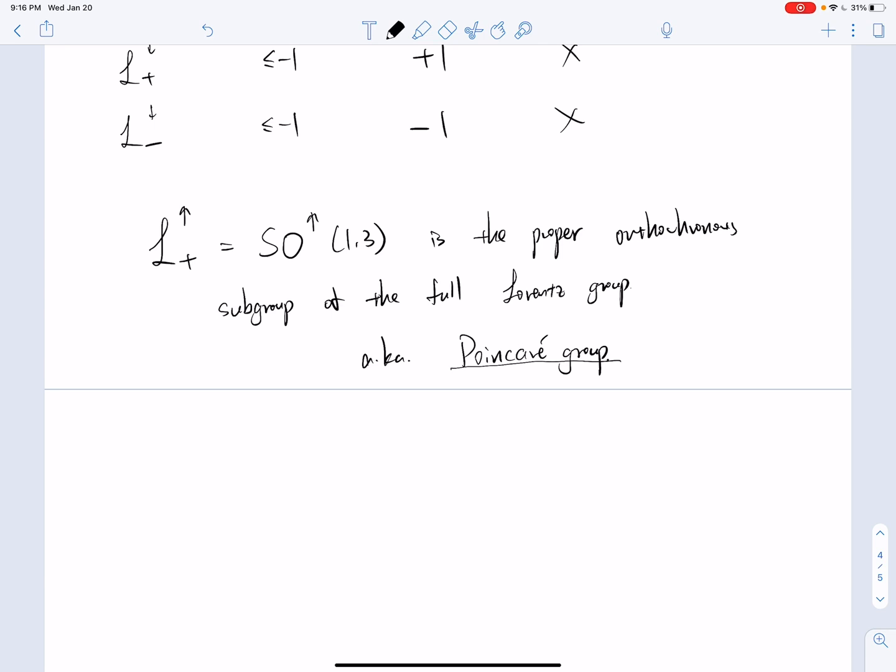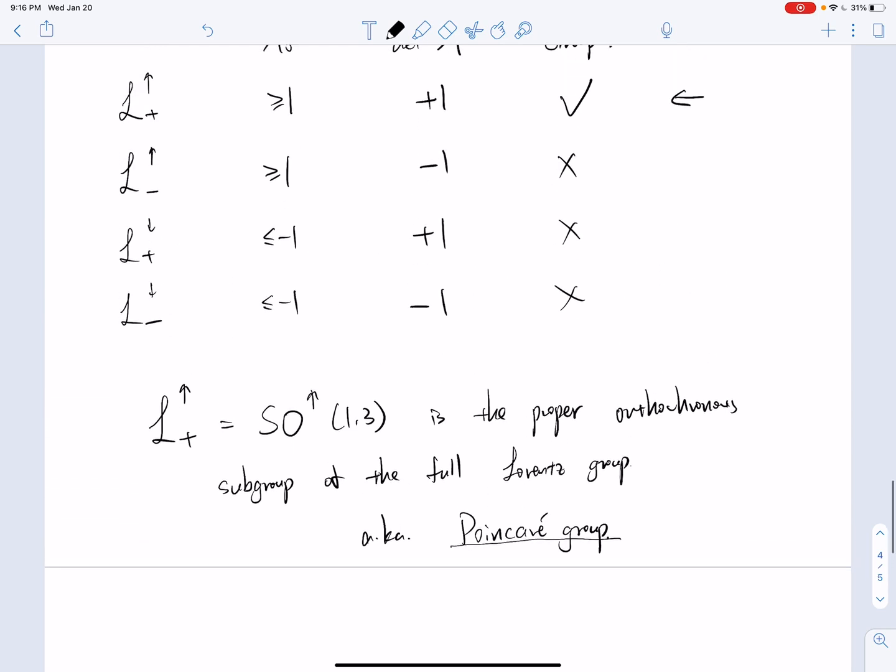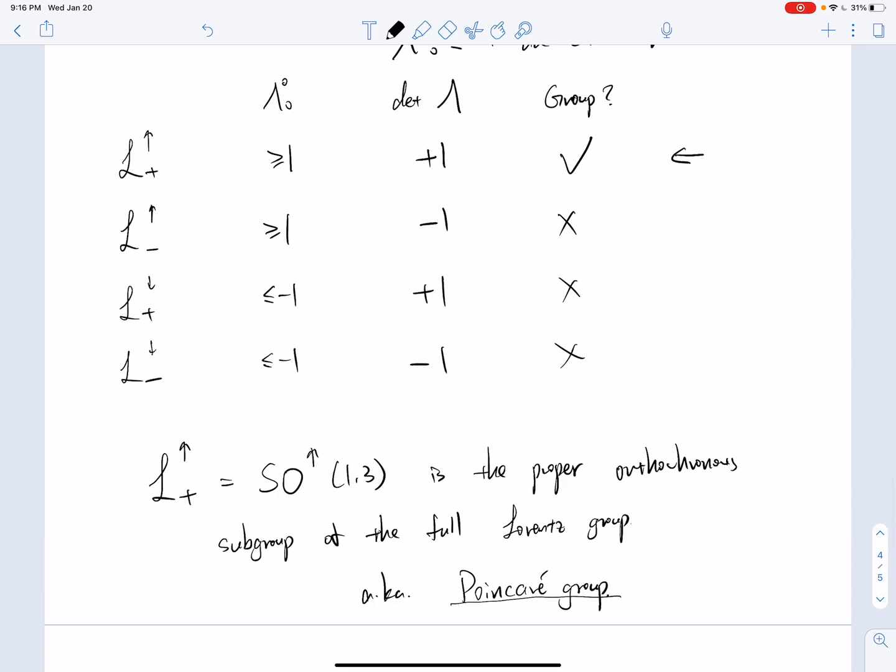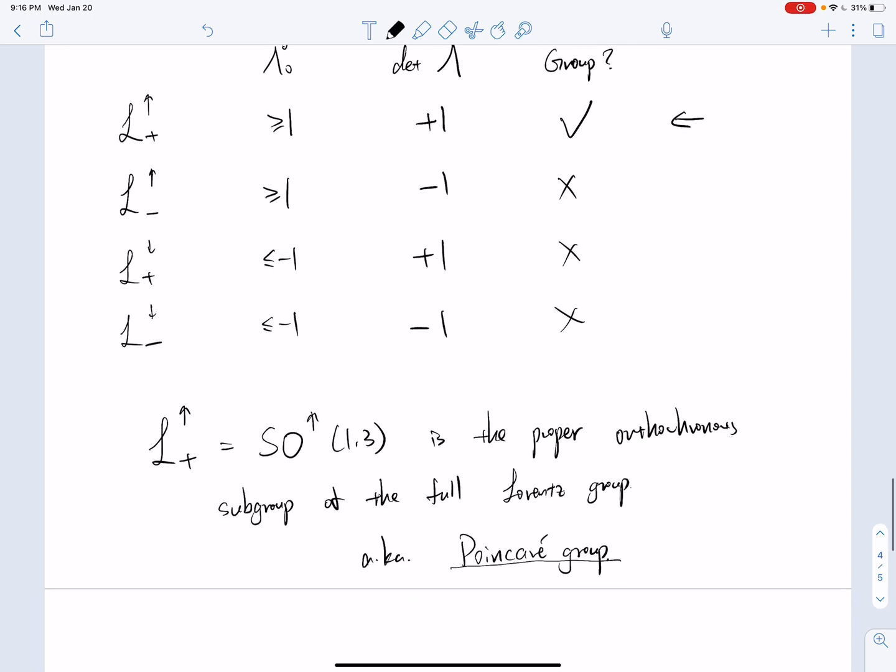But normally when one talks to people, it is generally just referred to as the Lorentz group. So now let's see. We divided the full Lorentz group into 4 parts: the Poincare group, and the other 3 parts that by themselves are not groups.